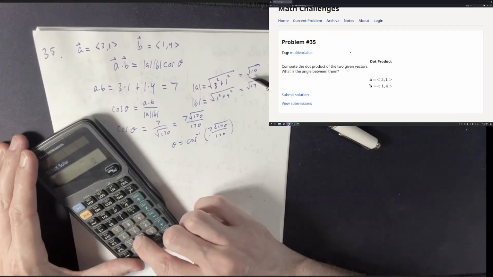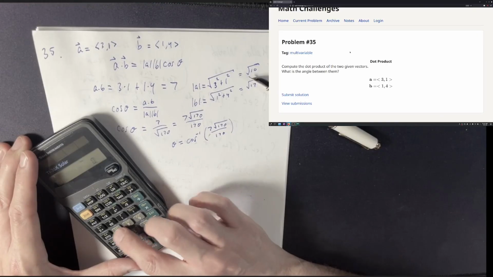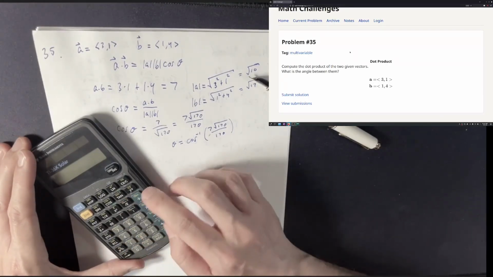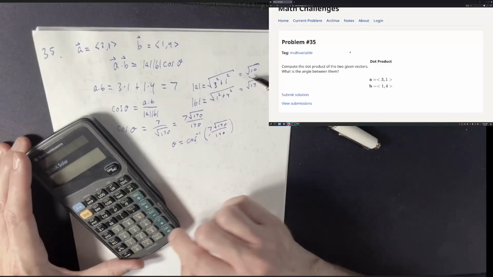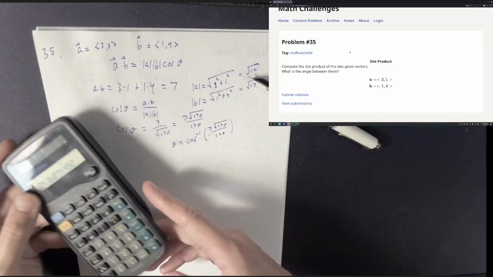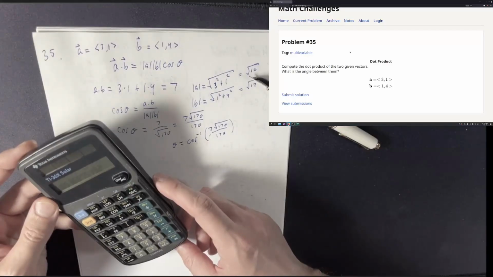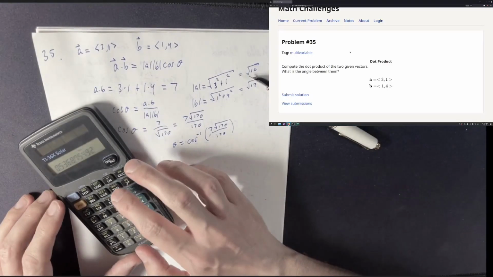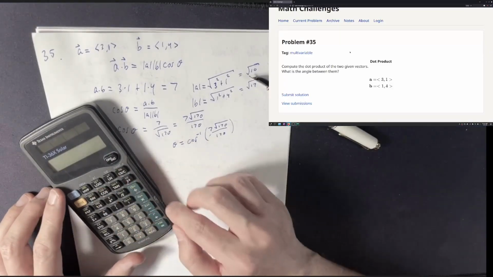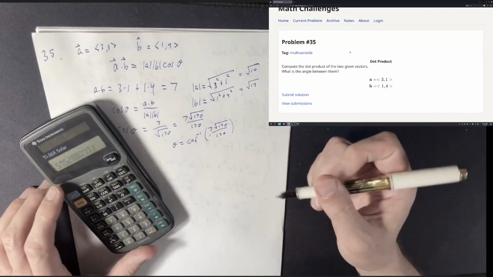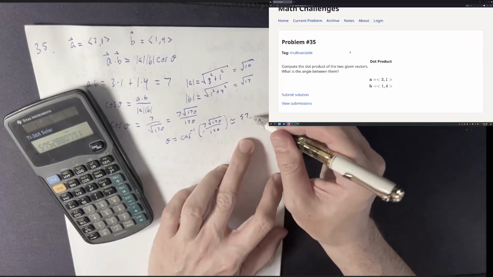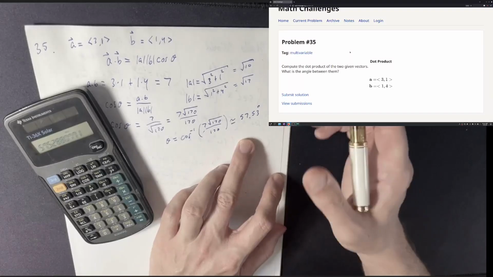You could take 7 divided by the square root of 170. I'm getting 0.53. And I'm in degrees here, but that's okay. We'll go with that. Inverse cosine of that is 57.5, 57.53 degrees.